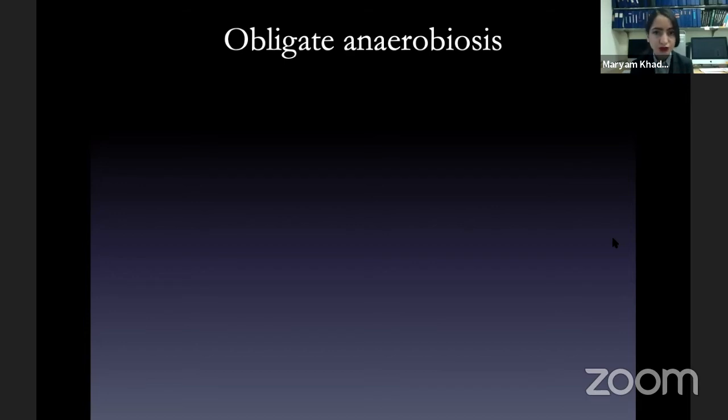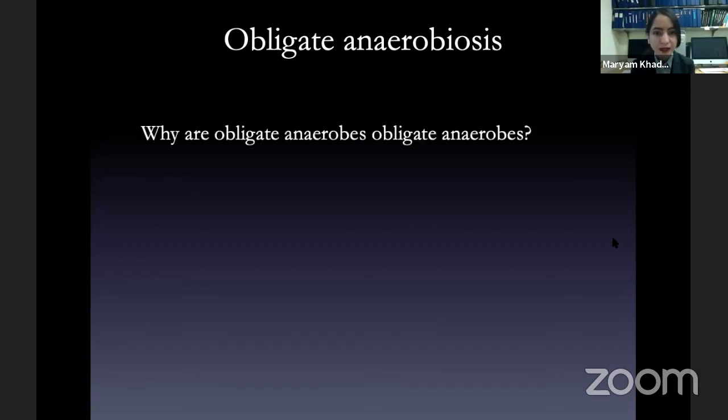So the big question was, why are obligate anaerobes obligate anaerobes? What is stopping them from leaving their anaerobic environments that do not have oxygen and exploring the oxic world to be able to take more energy from the food?